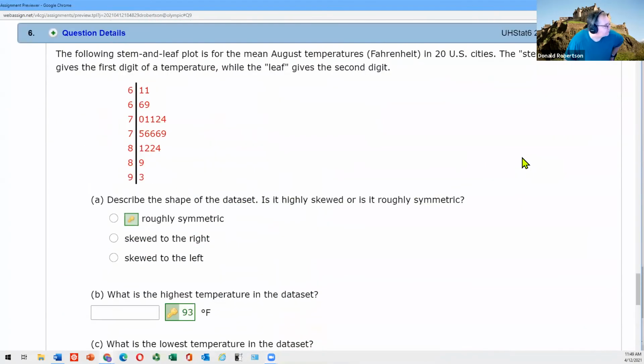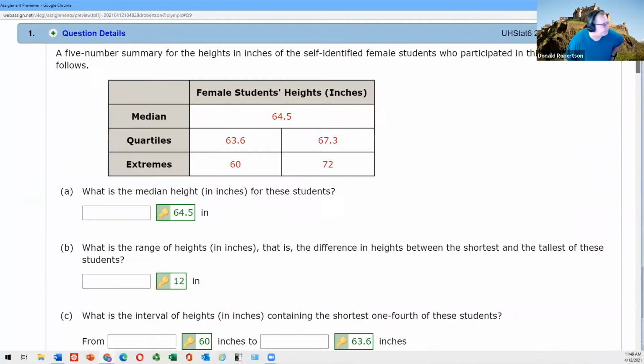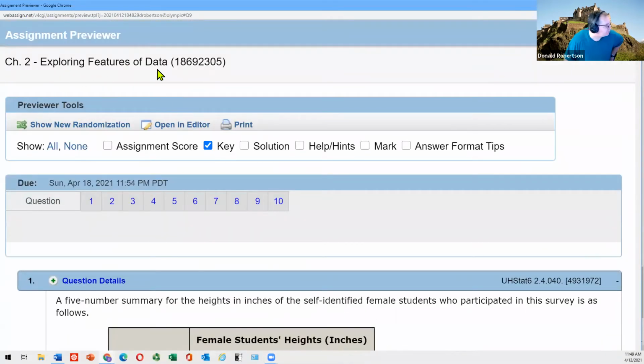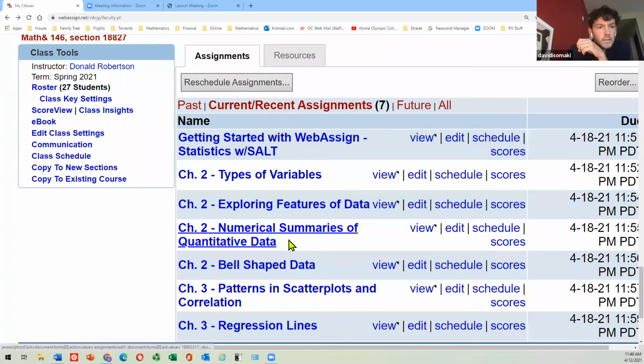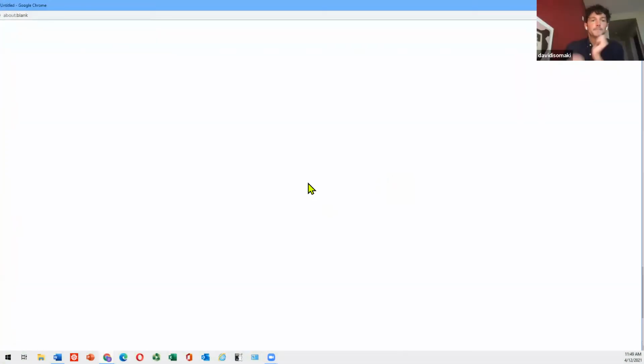I'll scroll up because evidently I can't find the edge. Oh, there's the edge. It's the types of variables, the one above the exploring. Okay, gotcha. Right, so I'll do question 9 once this loads up.